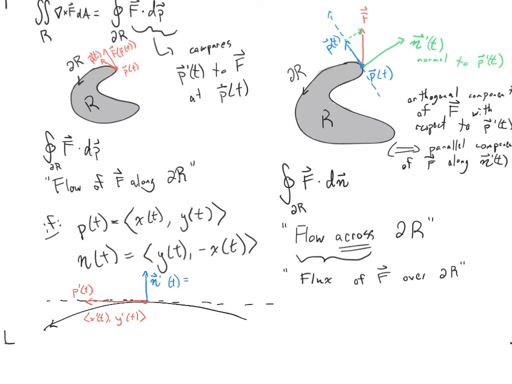So if the boundary is oriented counterclockwise, then this choice of negatives makes it an outward-facing normal rather than an inward-facing normal, minus x prime of t. And then these are always orthogonal to each other. So this summarizes our new integral for flux.